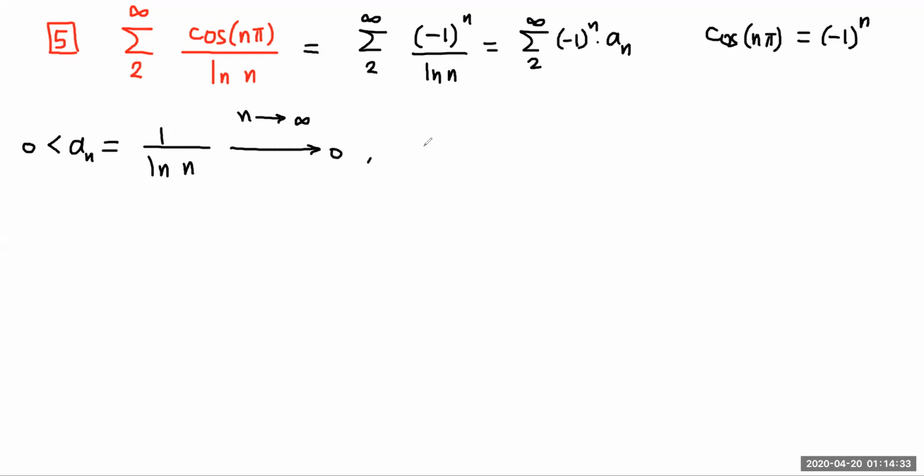Now, the last thing: a_n is decreasing. Because the function ln n is increasing.